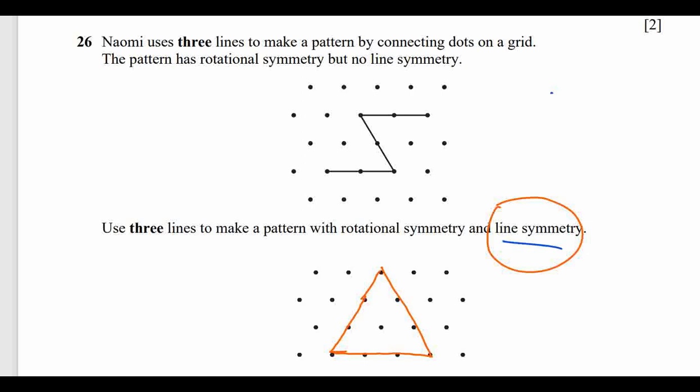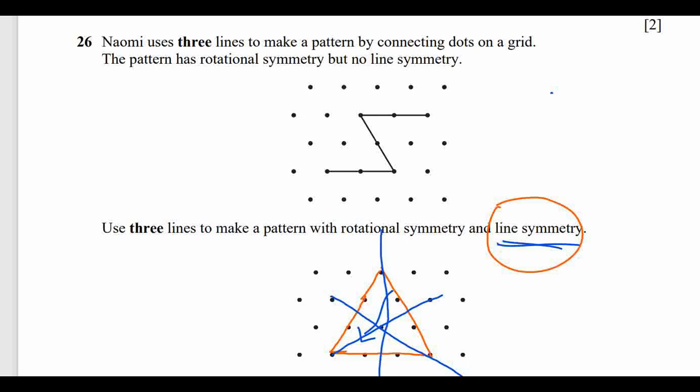So when we fold it along the line of symmetry, it will match exactly. That means it has line symmetry. And this even has 3 lines of symmetry: 1, 2, 3.